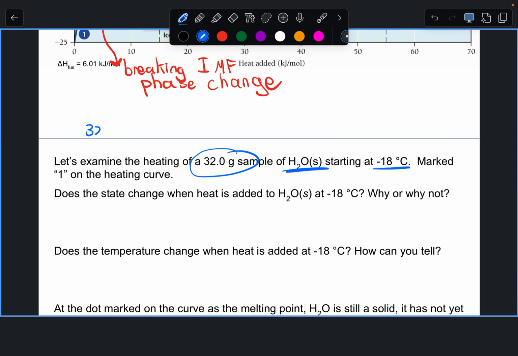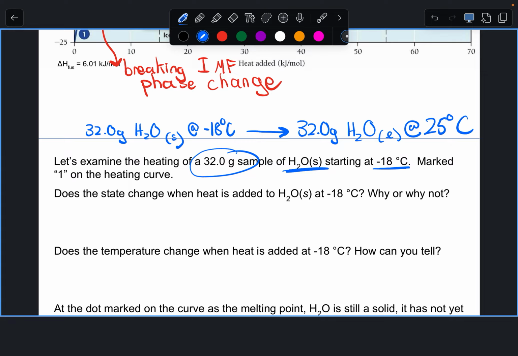We're taking 32 grams of water in the solid phase at negative 18 degrees Celsius, and we're going to go to that same 32 grams of water, but now in the liquid phase at 25 degrees Celsius.